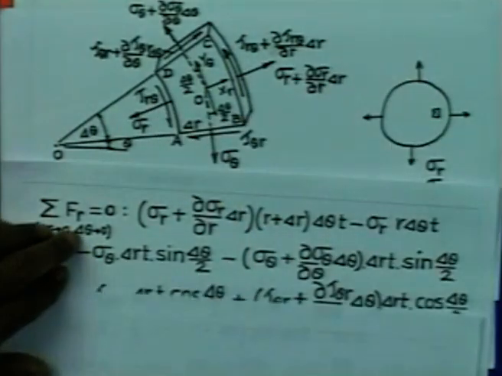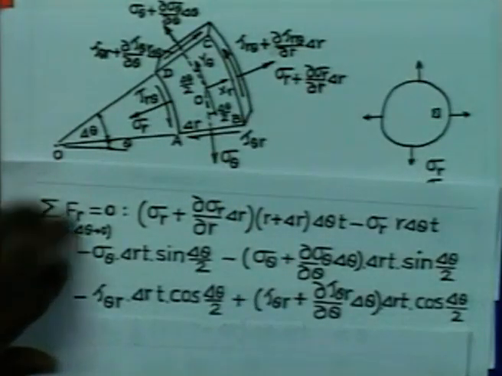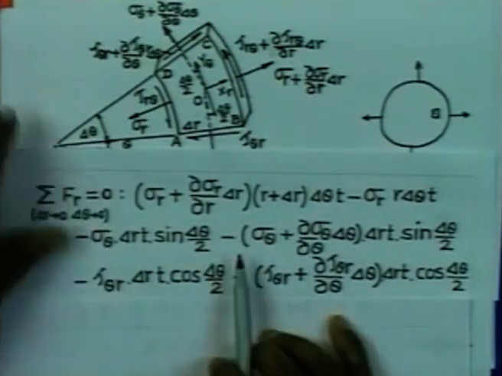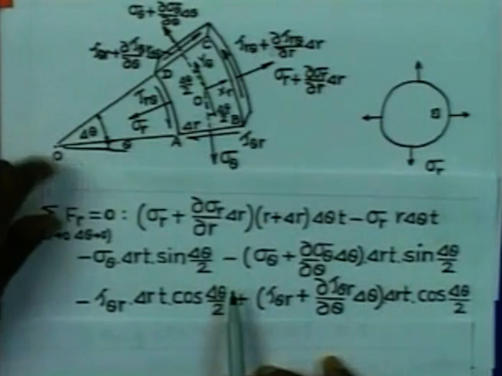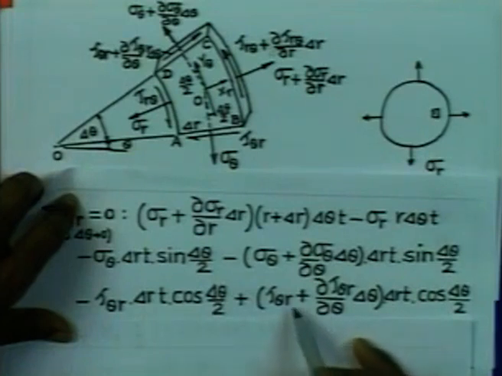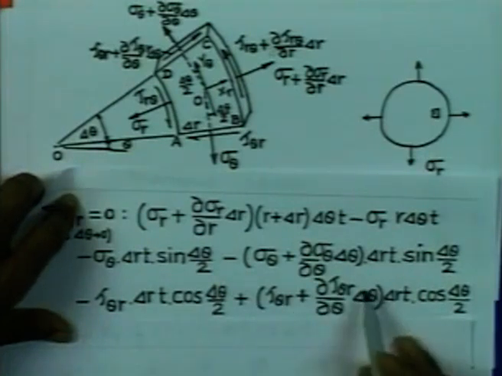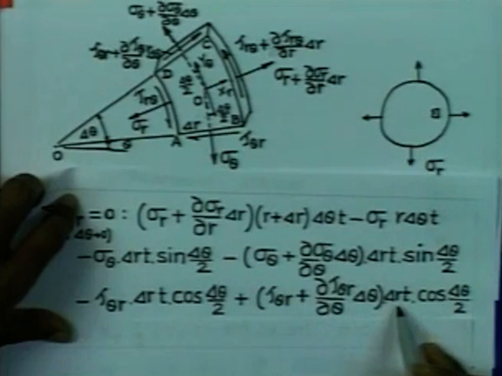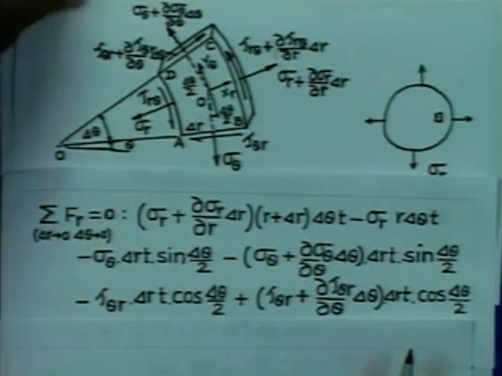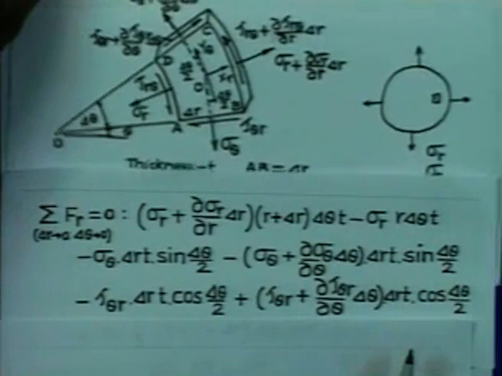So, therefore, we can now write these two components as follows: tau theta r into delta r into t cos delta theta by 2 plus tau theta r plus the increment of tau theta r acting on the area delta r into t cosine delta theta by 2. So, these are the contributions from all the boundary stresses.